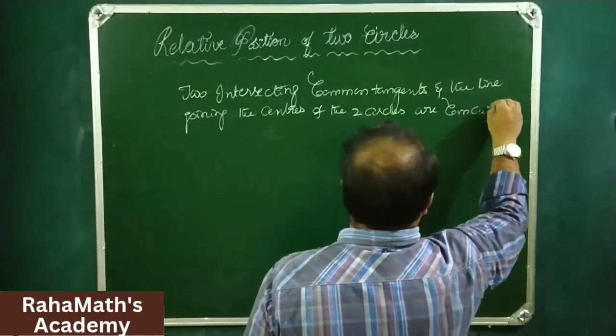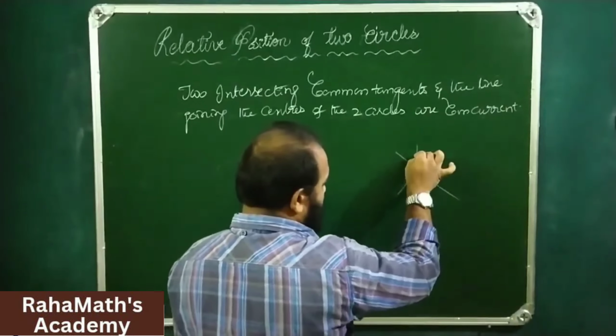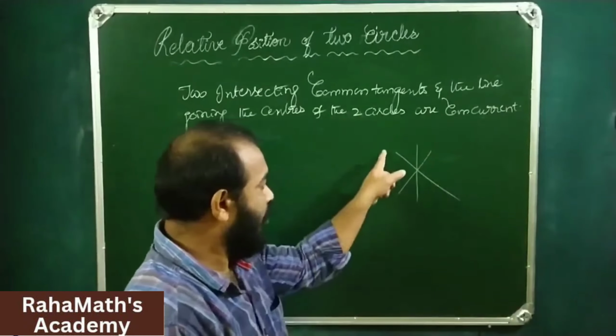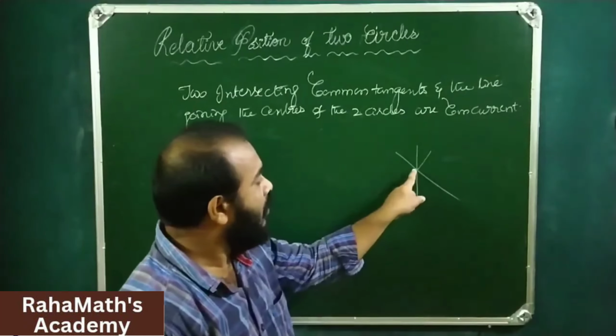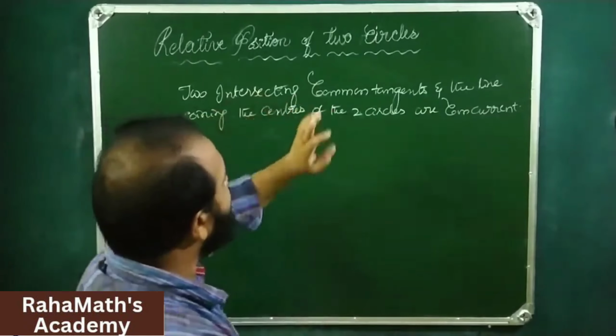What is said to be concurrent? Three or more lines are said to be concurrent if they have one point in common. So that is why here two intersecting common tangents.